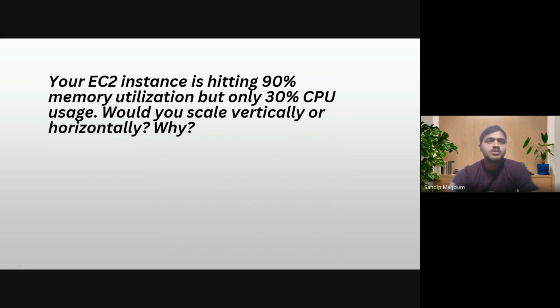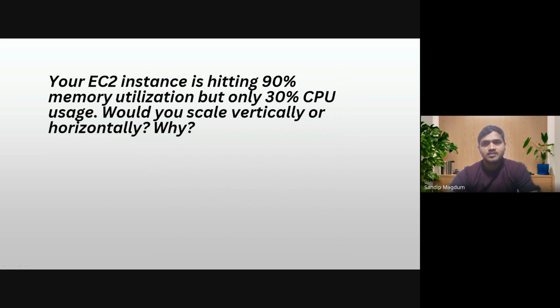So we can move to a memory optimized instance family like R5 or R6. For example, if we are using M5 large now, we can move to the R5 large family. Vertical scaling is the best fit for stateful apps like ERP, database, or caching, that can't be easily distributed.